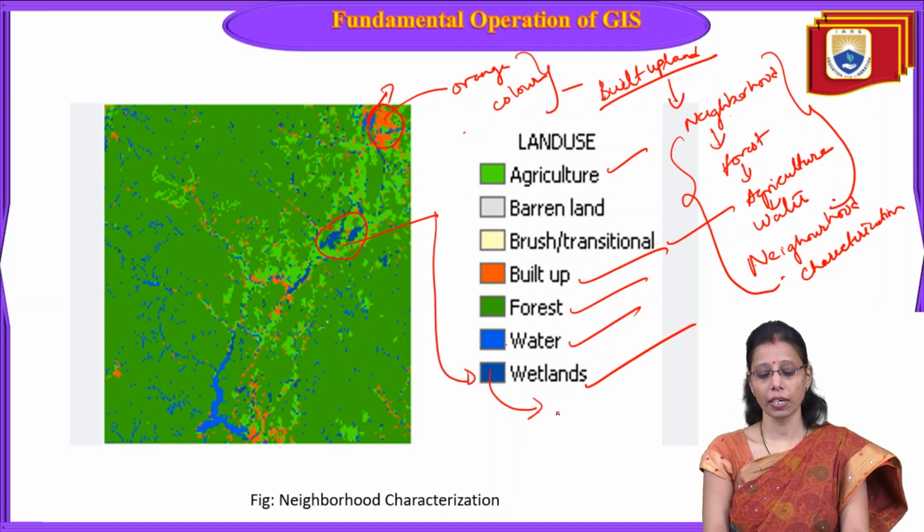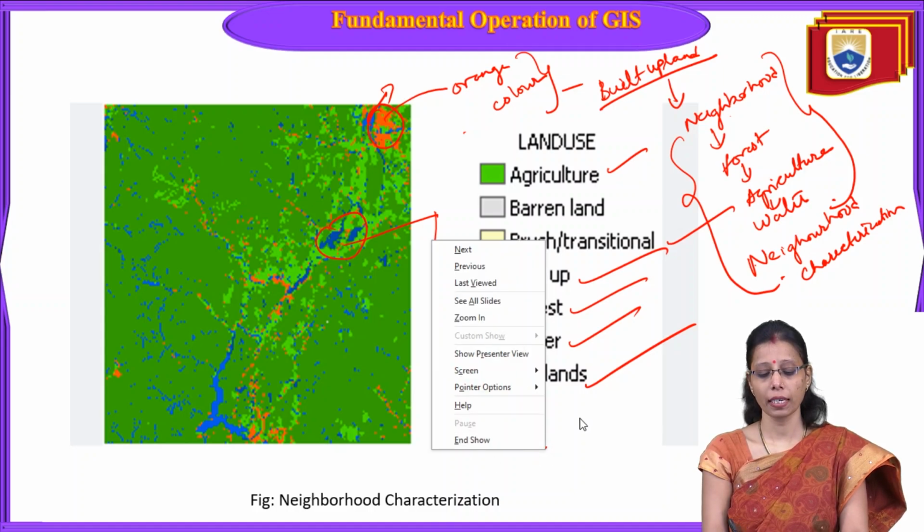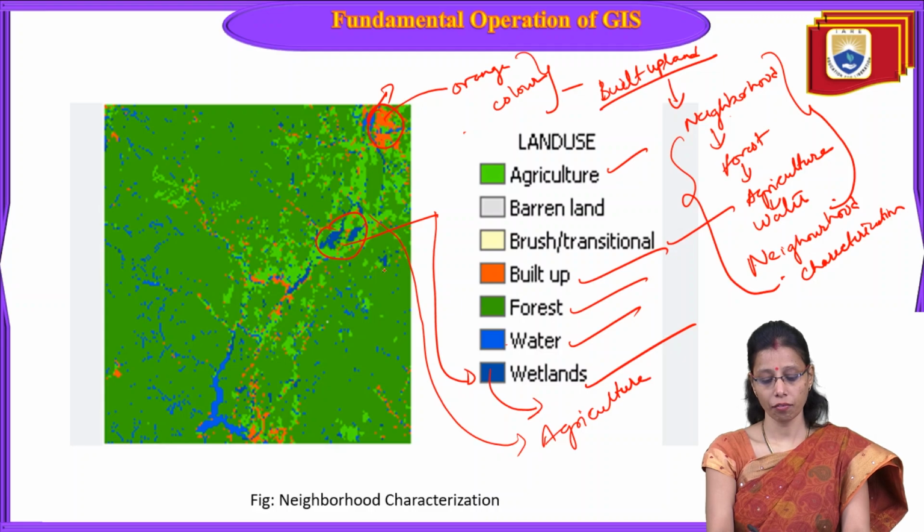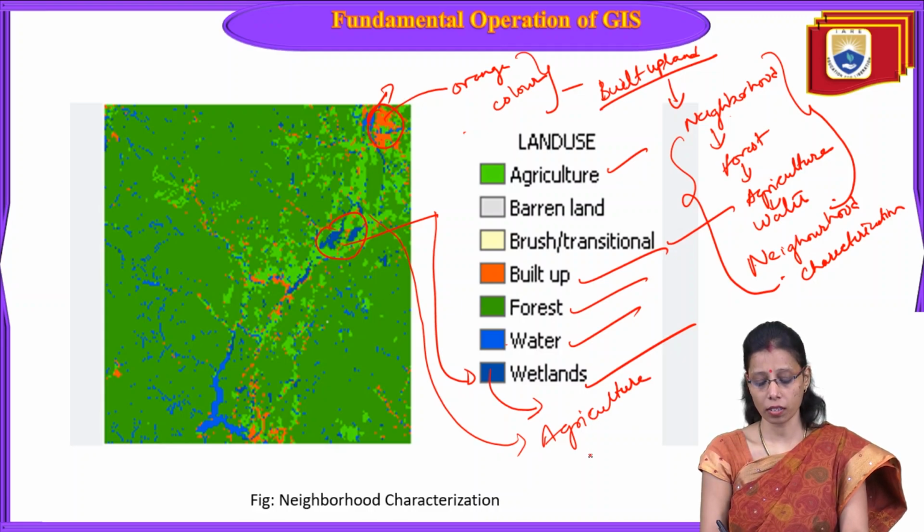Now for this wetland, what is the neighborhood? For the wetland, you can see here this is the agriculture, and you have neighborhood around it of forest, and you have small built up land.